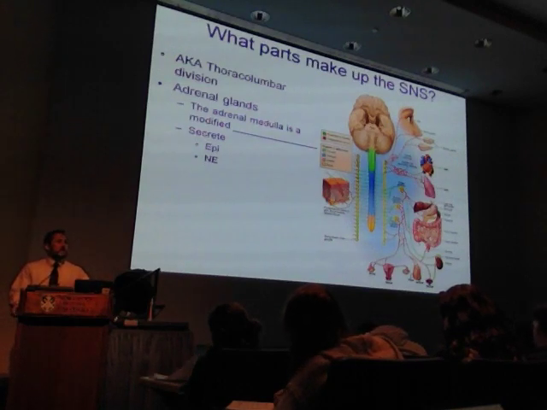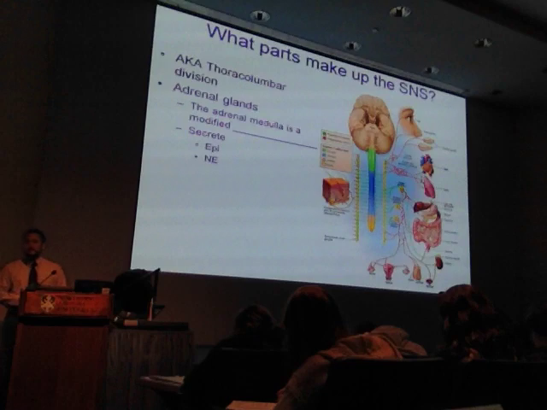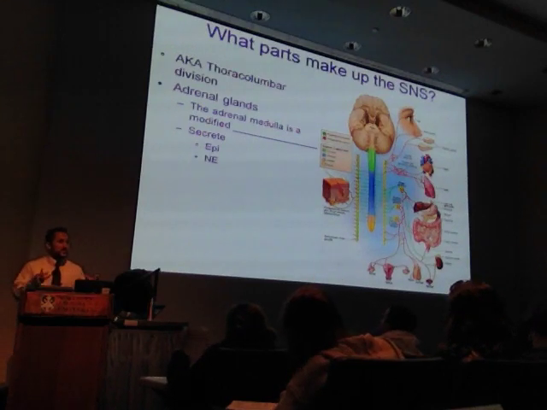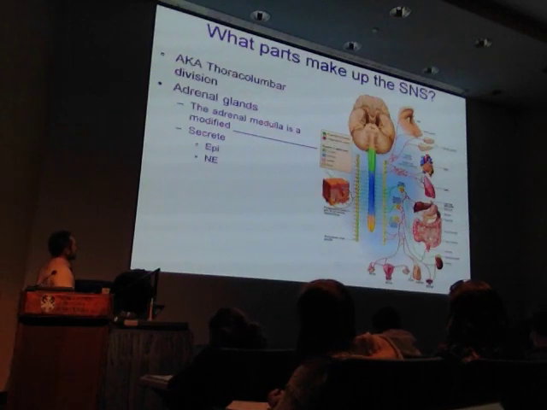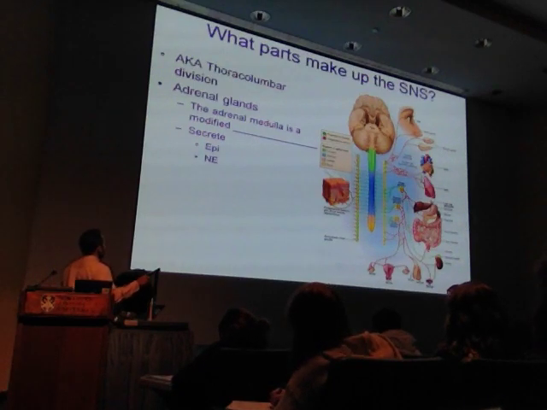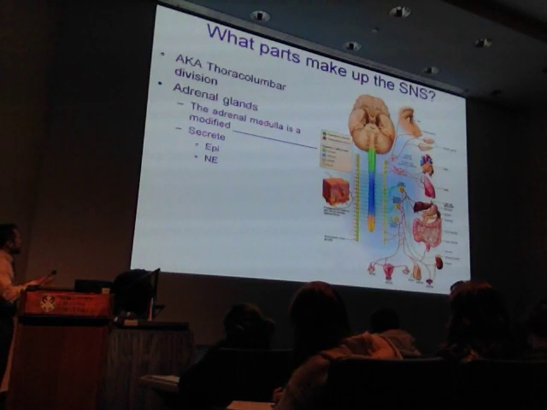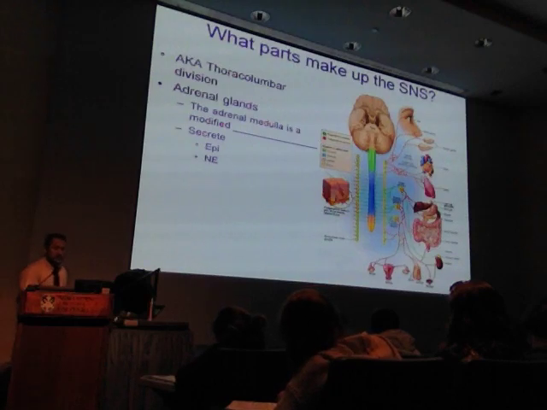Remember, what's a ganglion? It's a bundle or a collection of nerve cell bodies. And this collection of nerve cell bodies that sits just above the kidneys will secrete compounds that are primarily responsible for our sympathetic fight or flight. The first one is referred to as epinephrine, abbreviated epi, also referred to as adrenaline.